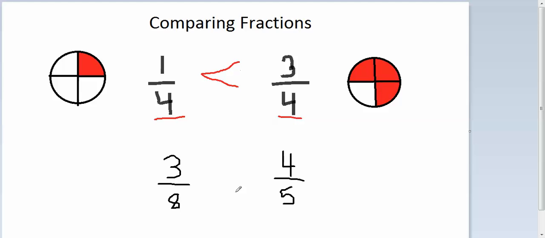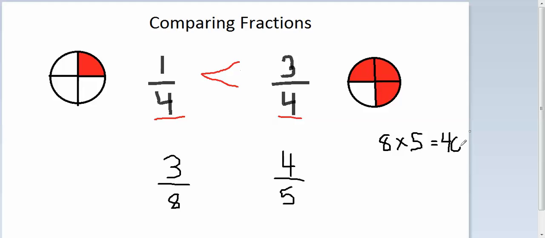And there are different ways that we can do this, by listing the multiples of each of the denominators and finding one that they have in common. But the simplest way is to look at our two denominators, 8 and 5, and multiply them, because we know that regardless of all the other multiples, 8 times 5 is definitely going to give you the multiple 40.